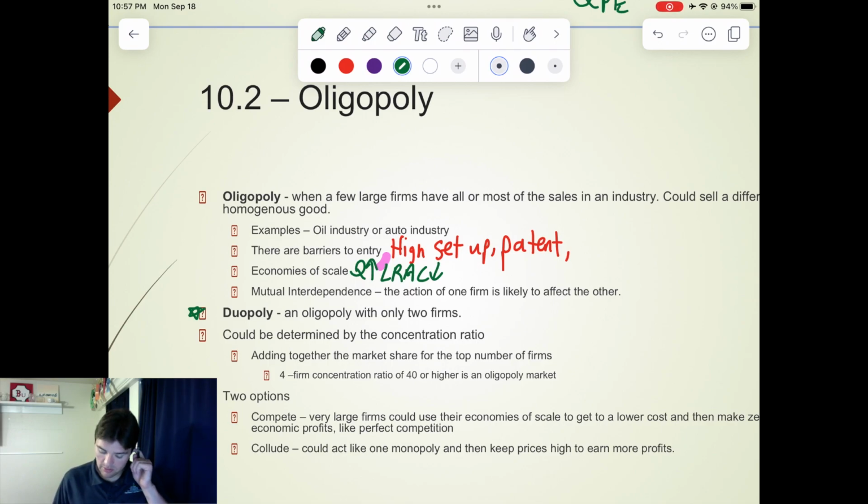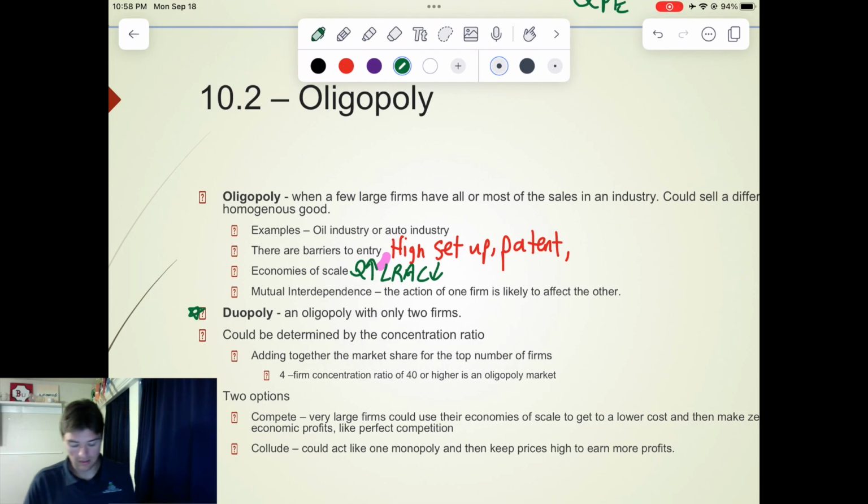Now, how do we determine if it's an oligopoly? We're going to be looking at their market share, basically at the whole grocery store aisle in cereal. How much of the aisle does that one firm have? And what we're going to do is look at a concentration ratio.